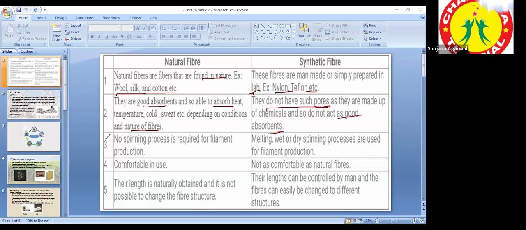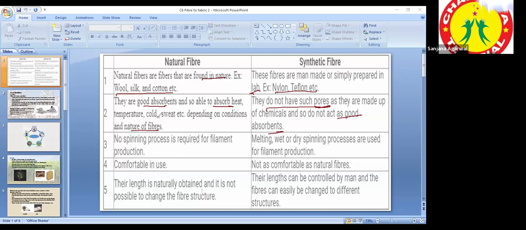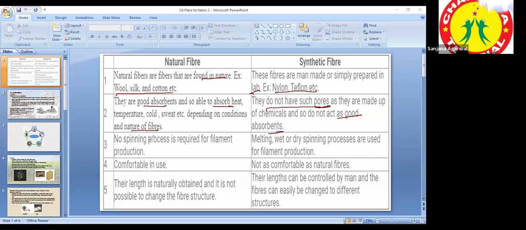Next point. No spinning process is required for filament production in natural fibers, whereas melting, wet, or dry spinning processes are used for filament production in synthetic fibers.